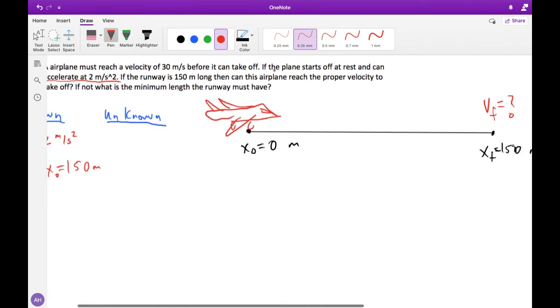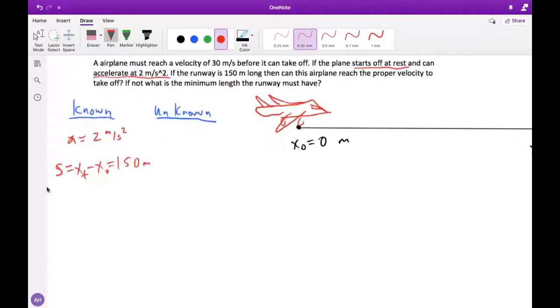And I think I missed this part here. It also says the plane starts off at rest. It's also key to indicate, because that tells us the initial velocity is 0. Okay, and so the unknown here is going to be v final.